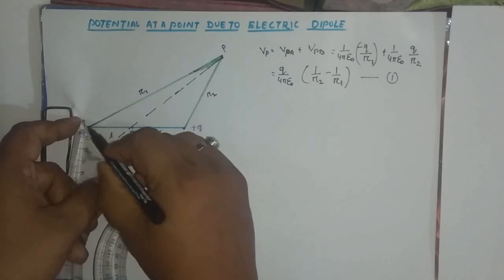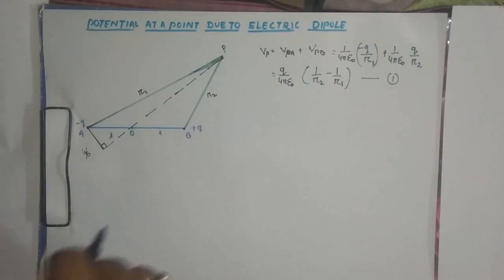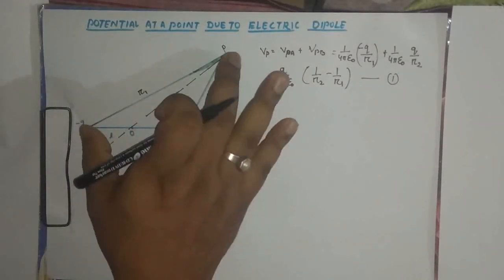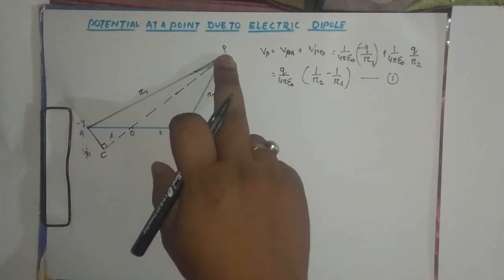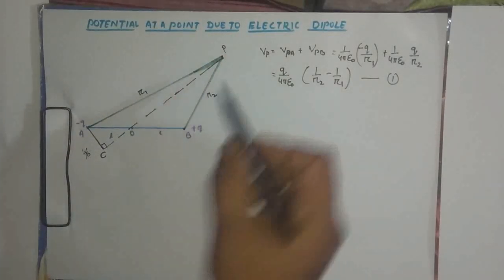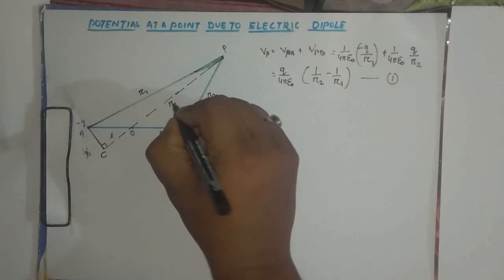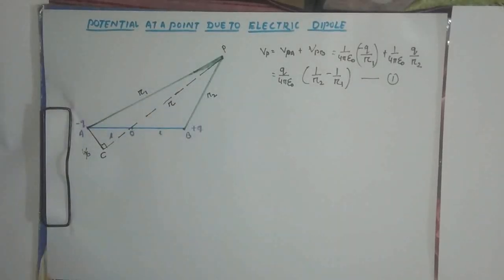This is the perpendicular. Let this point be C. From the figure, AP will be equal to CP when the distance is very large compared to the dipole length. Let this distance be R. Then this distance equals this distance.